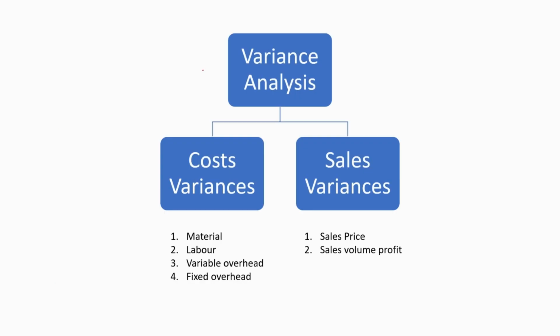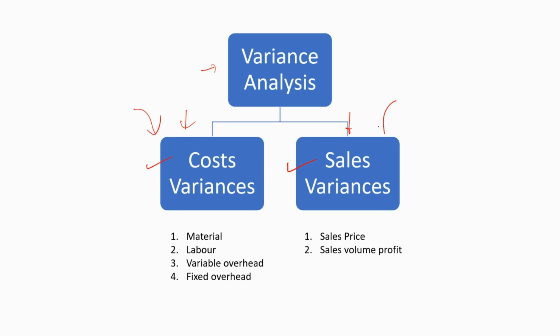We can divide variance analysis into two groups. The first group is cost variances and the second group is sales variances. Under cost variances, we will discuss how the cost variances are calculated and what the reasons for the variances are.